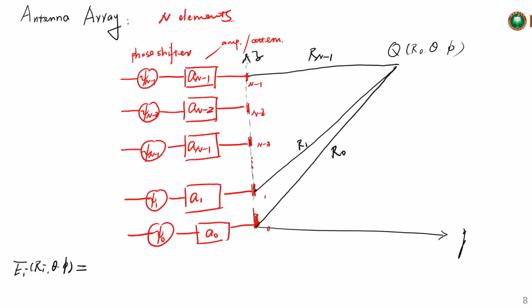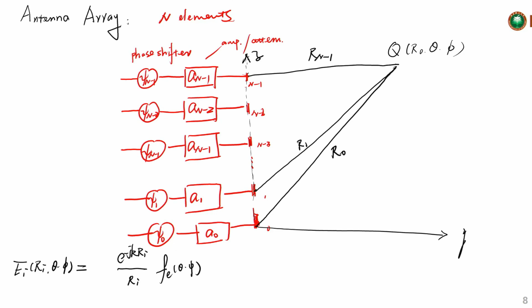Let's rewrite it. So it has a spherical component, 1/Ri, e to the minus j k Ri. Alright, and also its shape is determined by another element. It is related to the beam pattern of the antennas, so we use it as Fe of theta, phi. It has no i because we assume the antennas are identical to each other, so their radiation patterns should be identical.